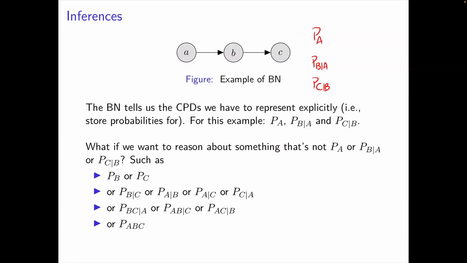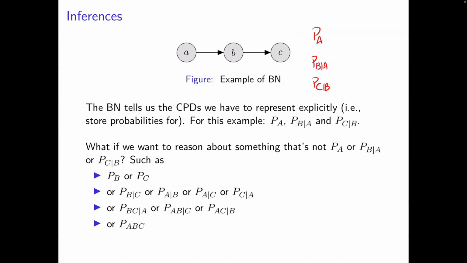So queries about these three sets of tables are easy because we just look up the relevant row in the relevant table. How about queries that are not about these three things? For example, a query about PB or PC, or a conditional that you don't have access to, like PC given A or PA given C. All these are possible queries one may be interested in. And probability calculus gives you a way to get to all of them.